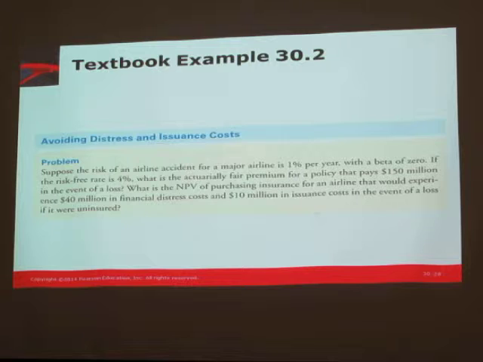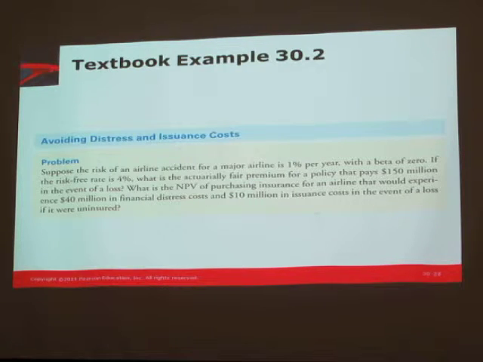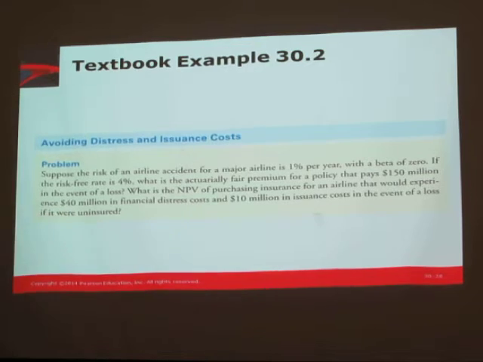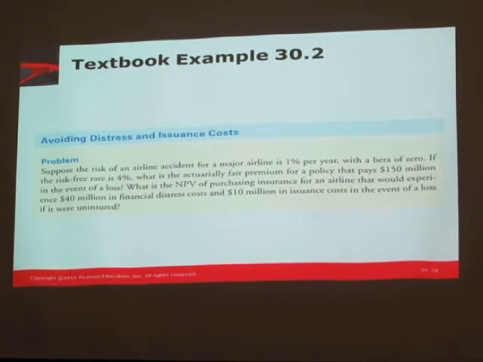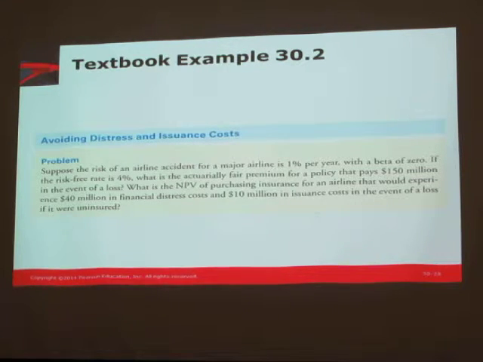It's 10 million, not 20 million. If it were what? If it was uninsured, then it is 10 million. Mm-hmm. What other information do we have?